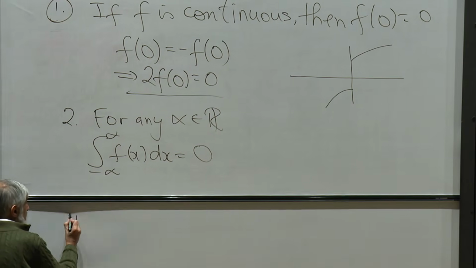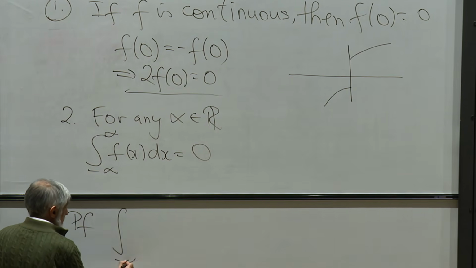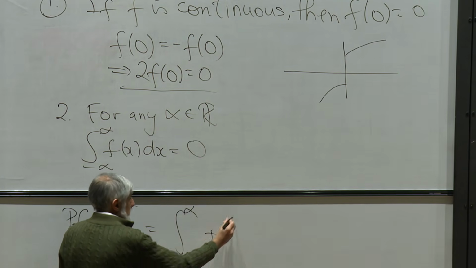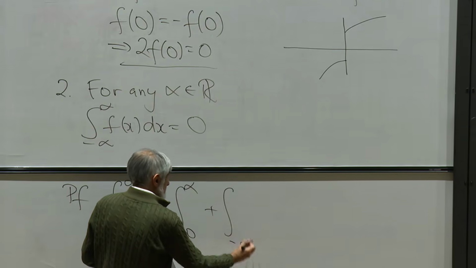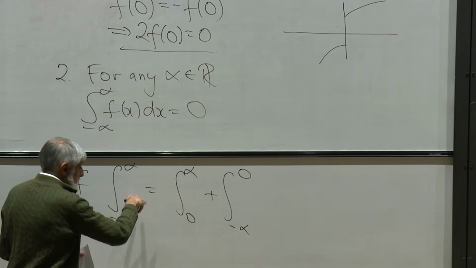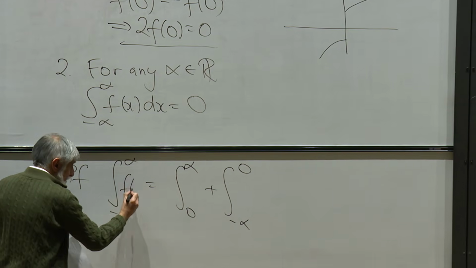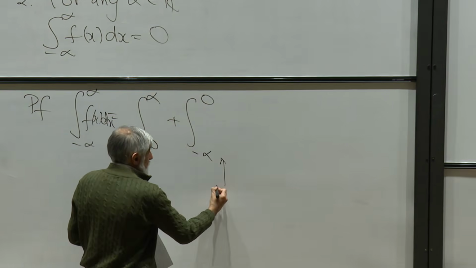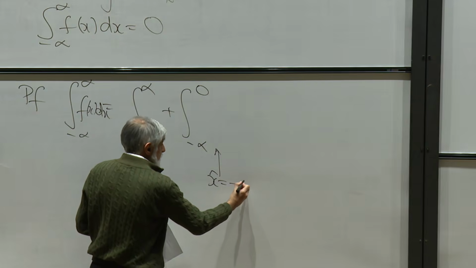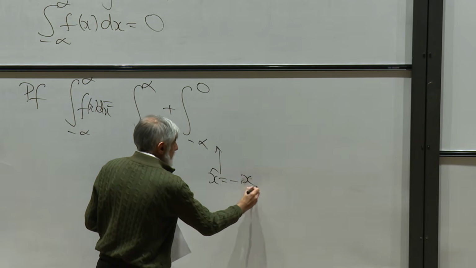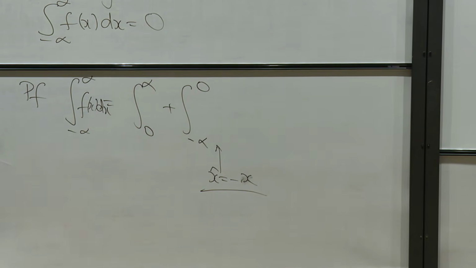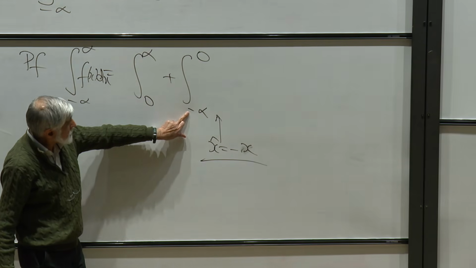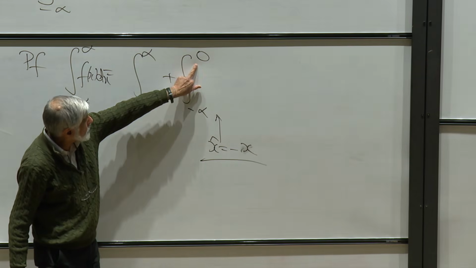So the proof of that would be the integral from minus alpha. I'll leave you to fill in the details here. We never write this like that. We always put the f in. And now here make x hat equal to minus x. So I leave you to fill in all the details, because what's going to happen is that's going to go alpha to 0.